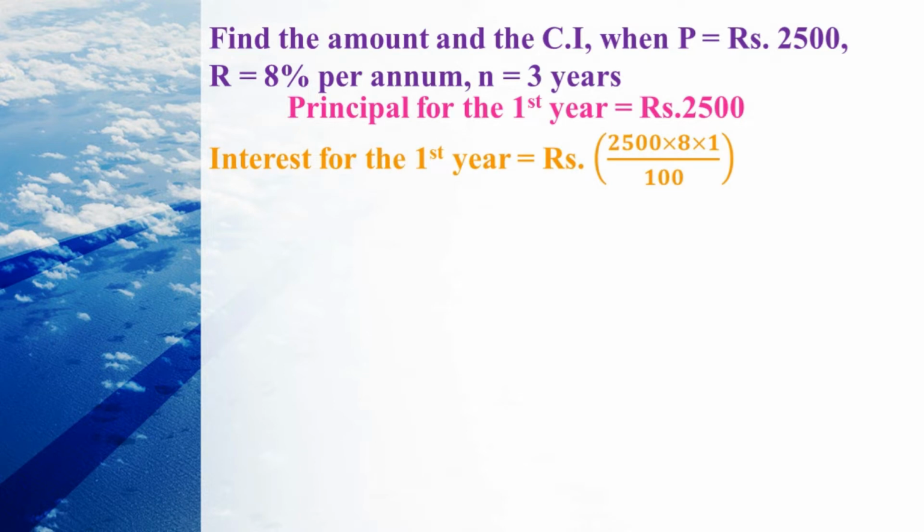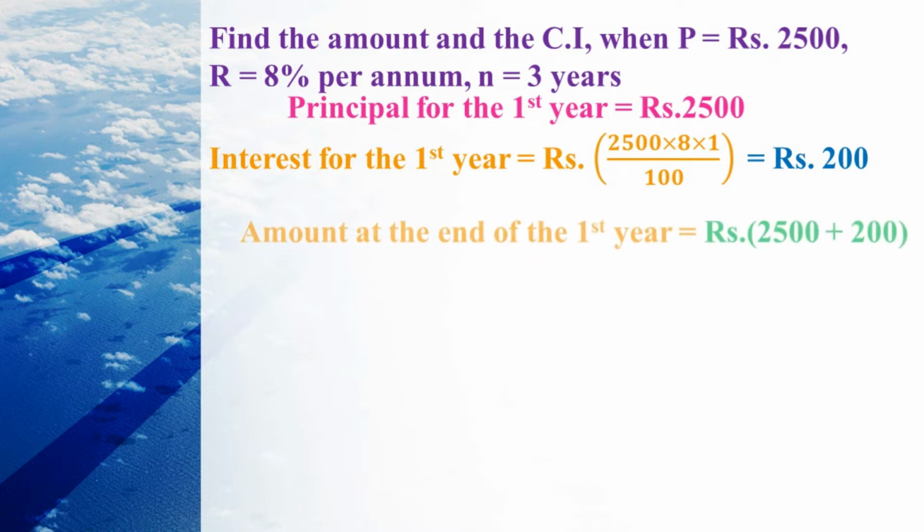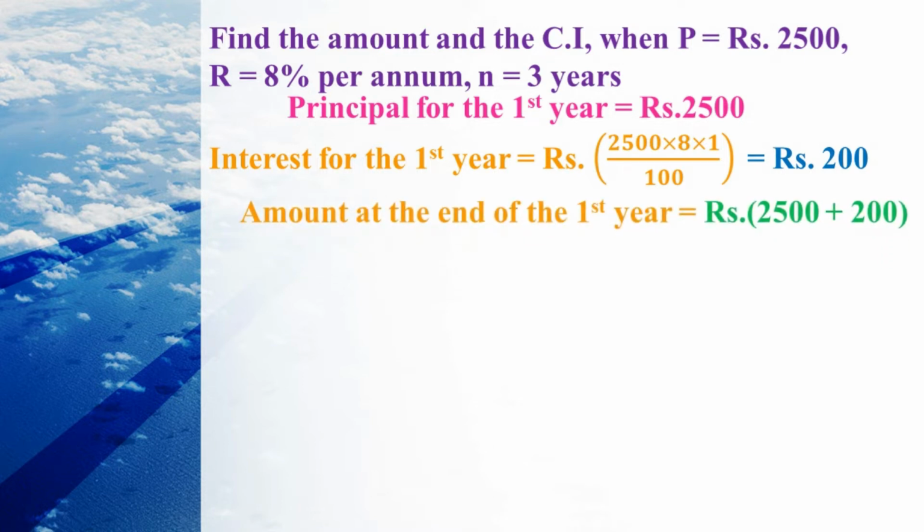Interest for the first year is rupees 2500 into 8 into 1 by 100. Cancelling by the common factor, we'll get rupees 200. Amount at the end of the first year is principal plus interest: rupees 2500 plus 200, rupees 2700.